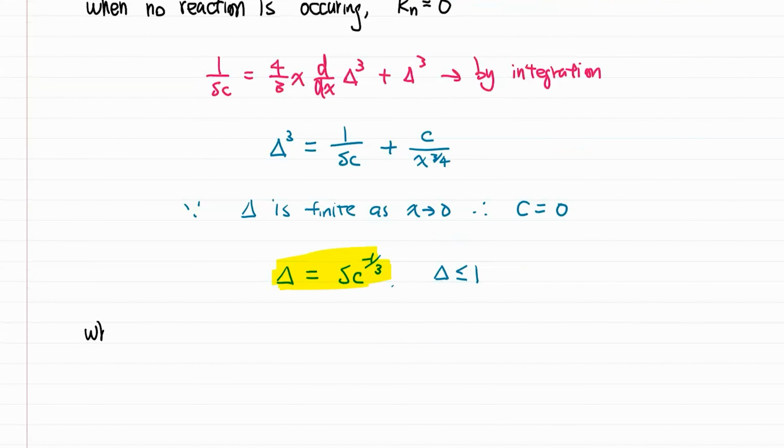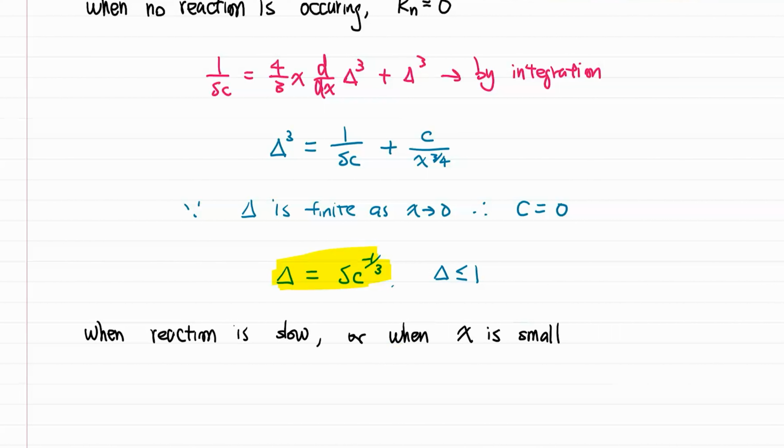When the reaction is slow, or when x is small. Not going into details, but basically you can expand the equation in a Taylor series expansion.